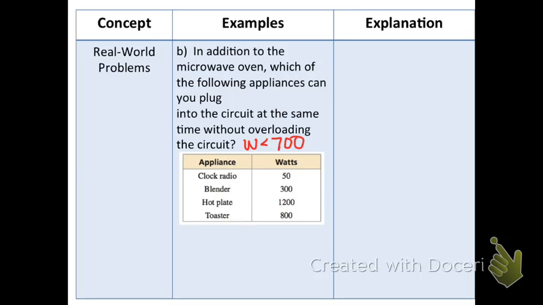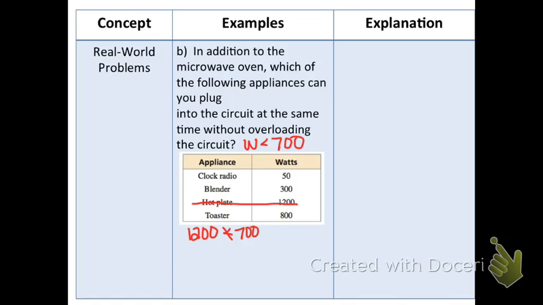So I know immediately that I cannot plug in the hot plate because 1200 is not less than 700. And that slash, I'm just saying that that's not true.